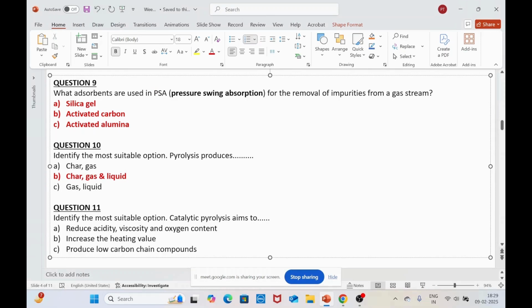So moving on, we have this final multi-choice question wherein the question is: catalytic pyrolysis aims to reduce acidity, viscosity, and oxygen content, increasing the heat value, or producing low carbon chain compounds, and now I am going to include one option as all of the above.